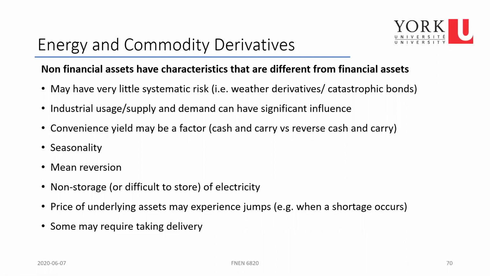There's also a factor called convenience yield, which is very important. Unlike a financial asset, where you don't really have to keep it around with you for any use, you can feel very free to buy futures on a particular stock.